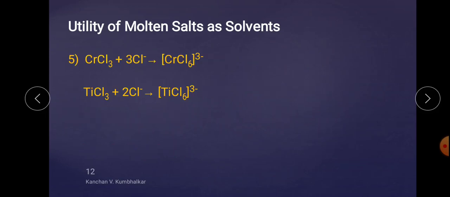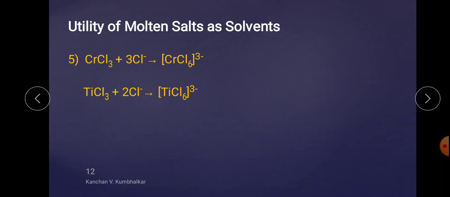Next, the fifth application is that the molten salt provides a medium in which the concentration of ionic ligands can be much more than is possible in their aqueous solution. For example, CrCl6 3- or TiCl6 3- cannot be isolated from aqueous solution, because these species are hydrolyzed.